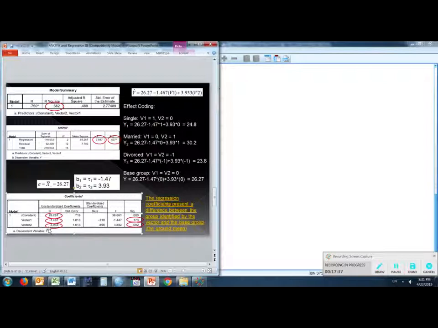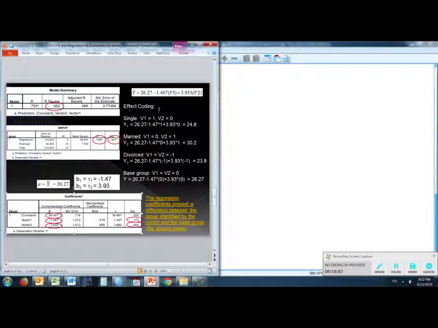And the coefficient for vector 2 is 3.933. Therefore, when we write the regression equation, we will have y hat equals 26.27 minus 1.476 multiplied by vector 1 plus 3.933 multiplied by vector 2.